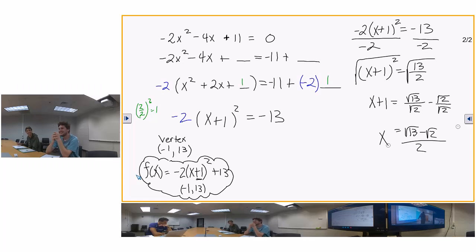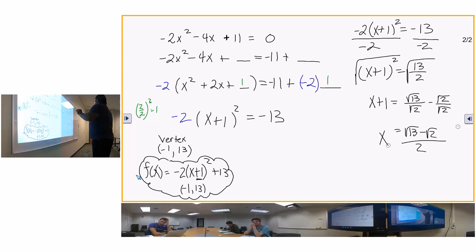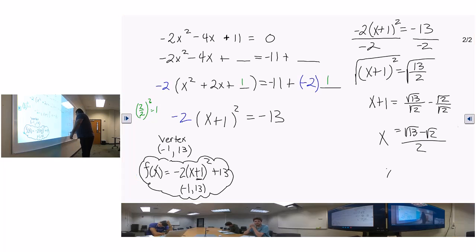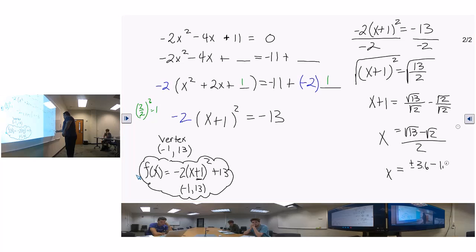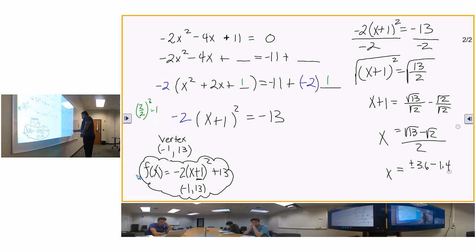Now the square root of 13 is, let's see, we said it was 3.6 before, right? So x is equal to positive or negative 3.6 minus 1.4, and that's going to be plus or minus, over 2.